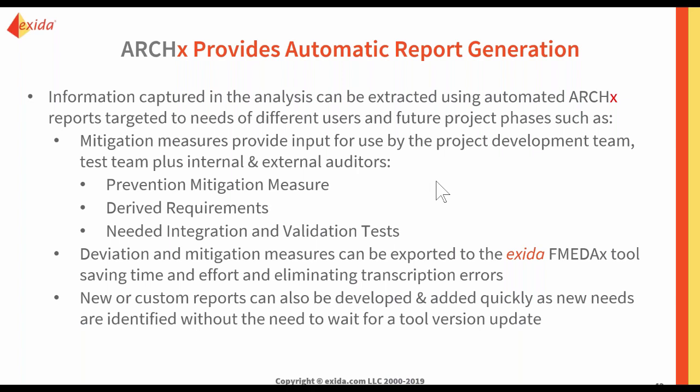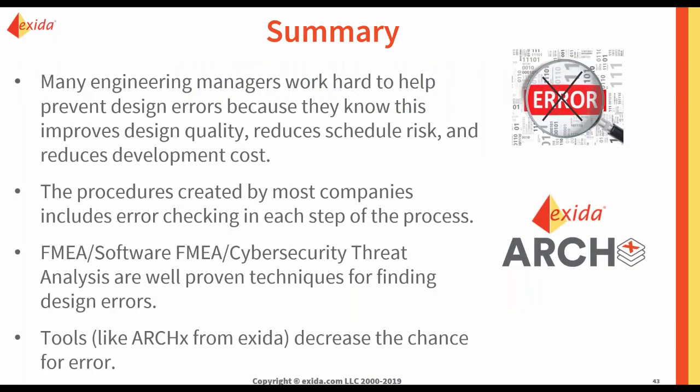Now, if new or custom reports are needed, they can be developed and added quickly as new needs are identified, because the report generator is independent, data-driven, and doesn't need a tool version update, which is kind of cool because there's lots of new stuff going on in the world every year.